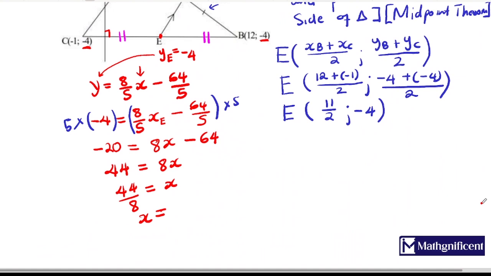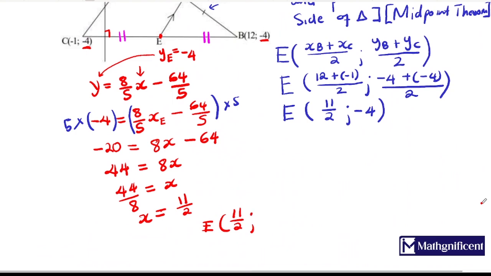So how many times does 4 go into 44? 4 goes there 11 times. And how many times does 4 go into 8? It goes there 2 times. So we can see that the x value of point E here is 11 over 2. So meaning that we are going to say E has 11 over 2.